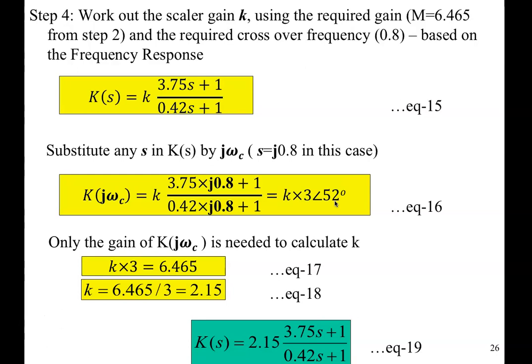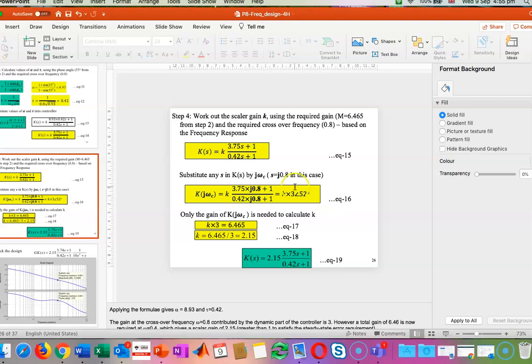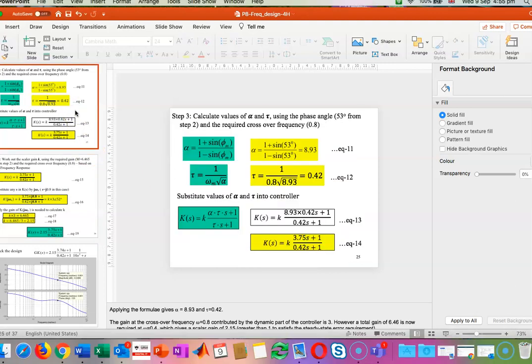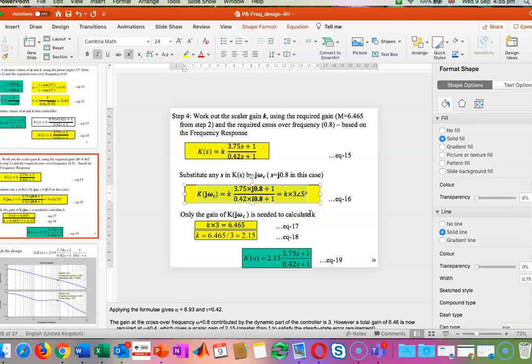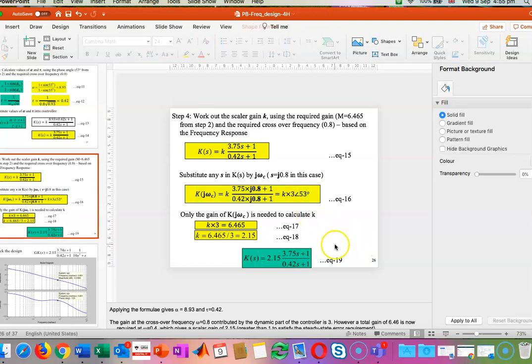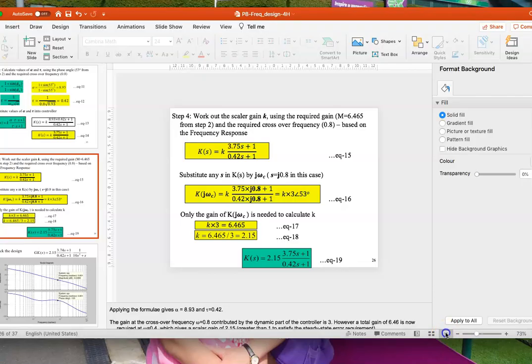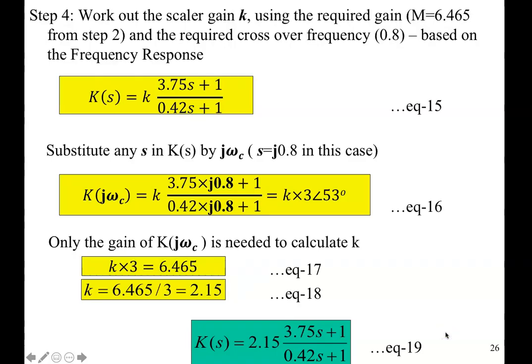Actually, it should be 53, because that's what we wanted from it, so we should get 53. You can double check to make sure my calculations are right. It will probably be 52 point something because I rounded some numbers.